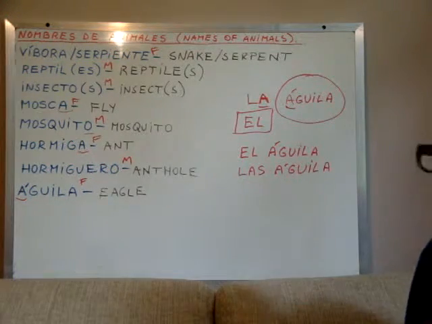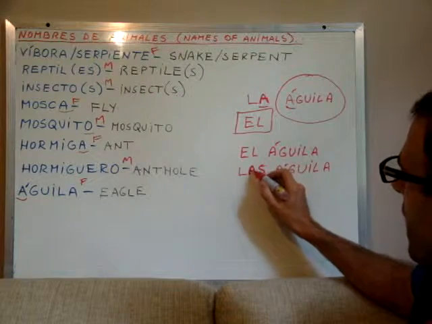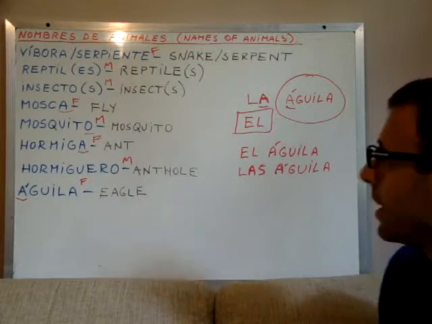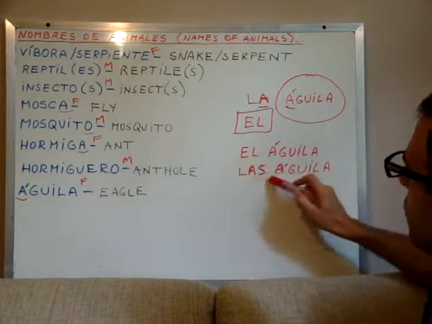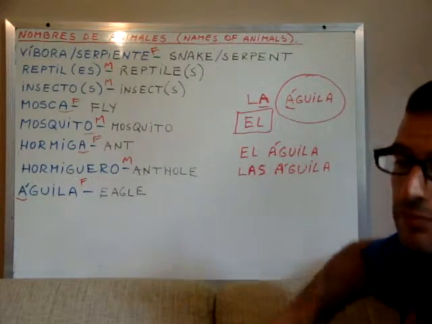However, in the plural, since we have the S in between the two A's, it doesn't sound awkward when we say las águilas, right? That's why it switches back to the feminine article here. So, el águila, las águilas.